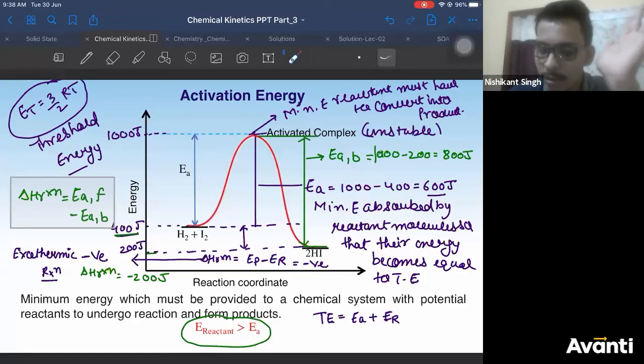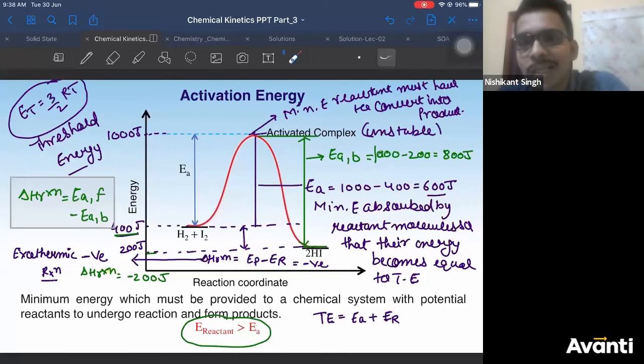So for you to understand, if it is 800 joule, activation energy should be 200 joule. The data which we have taken is weird, but it doesn't matter. For understanding, it is fine. Just remember, activation energy should usually be less than energy of reactant molecules. The major reason is you cannot increase energy of reactant molecules by any amount. There is a limit to it.